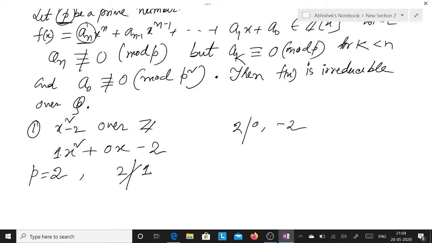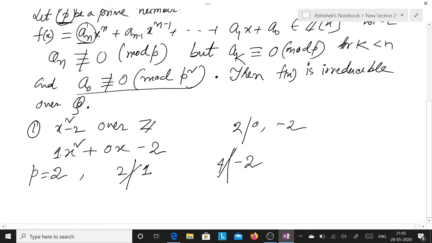Now let us have a look at the last condition, whether p square will divide the constant term or not. What is p square? Here p is 2, so p square is 4. So 4 will not divide -2, as 2 is strictly less than 4.